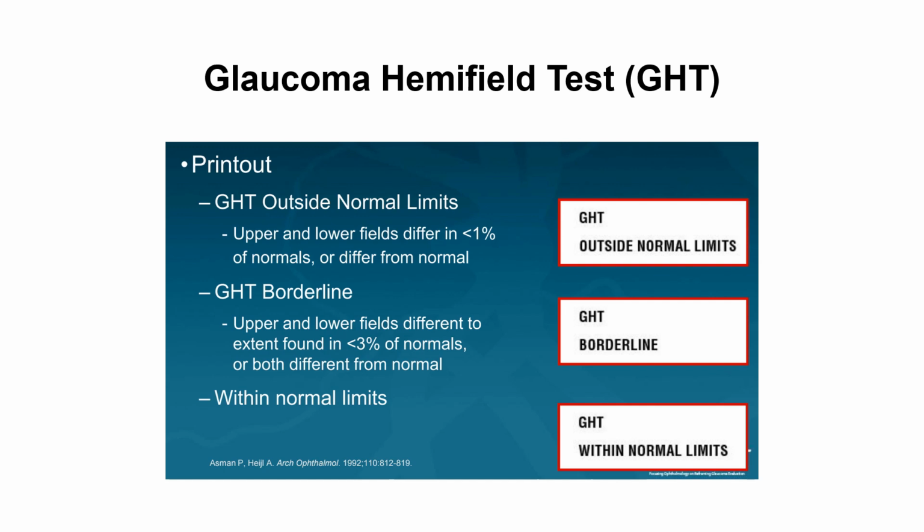Okay? If you see that the glaucoma hemifield test is borderline, this means that this difference could be present in less than 3% of normal patients. However, the third result is the glaucoma hemifield test within normal limits. So combining the MD, the PSD, and the glaucoma hemifield test along with the maps, you will discover whether this patient has glaucoma or not.